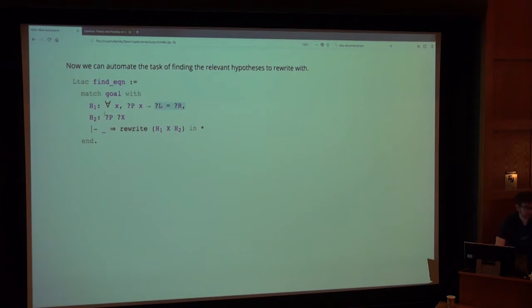And then it's going to look for a second hypothesis that has the form P applied to something. What is it going to do? It's going to try to rewrite using this assumption, using the concrete x that this assumption was applied to, and satisfying this part of the implication of this rewrite rule with this second hypothesis.